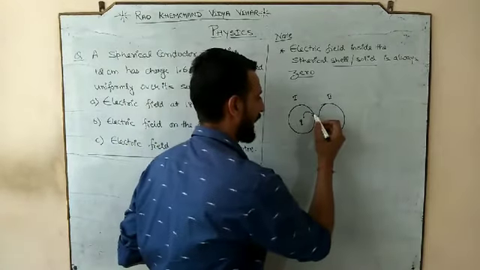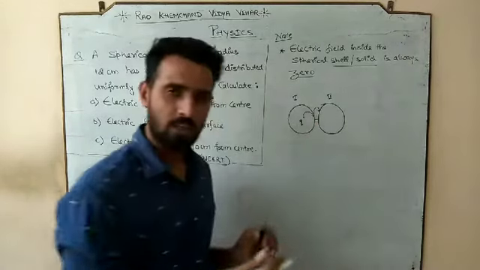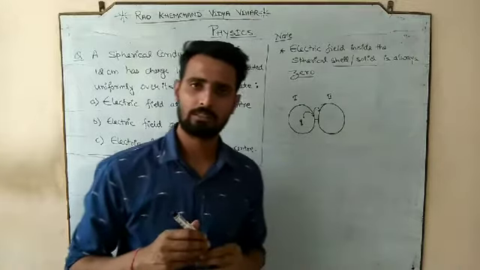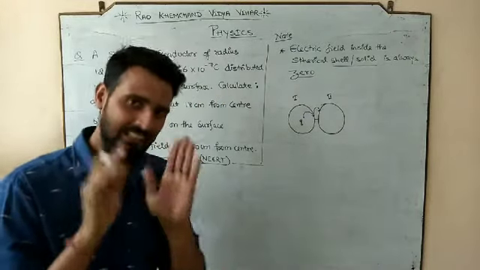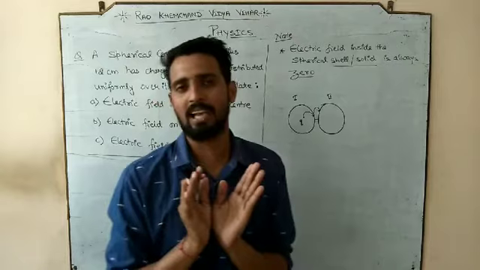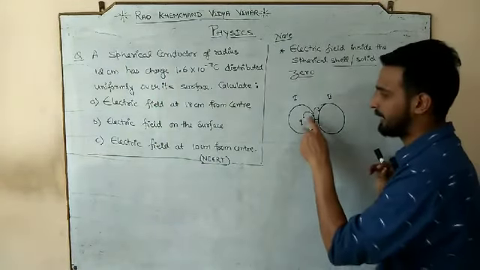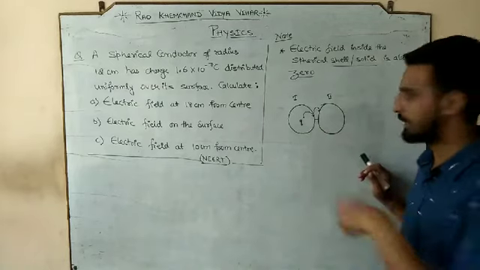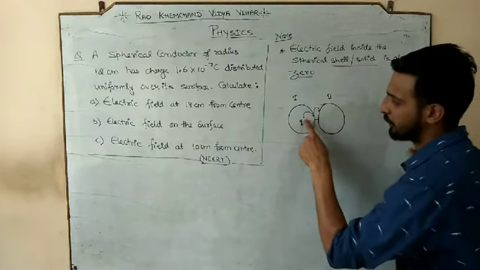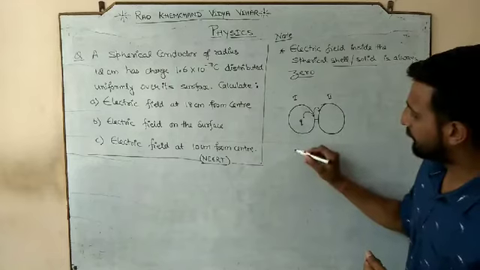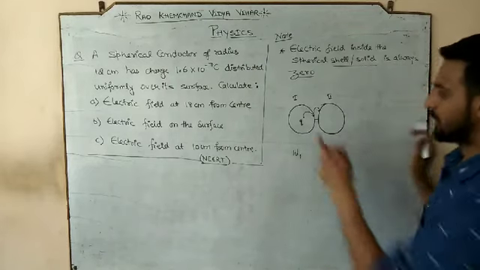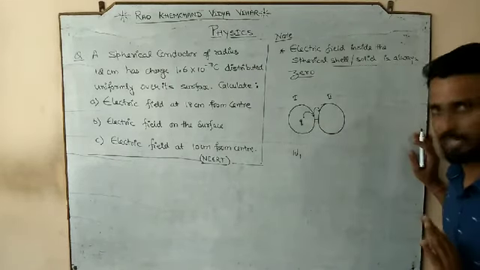Then this charge has to do the work to transfer to the other body. In simple language, if this body has to share charge, then first the body has to do work, from here to here, meaning from inside to the surface. So you have to do one work to bring the charge from inside to the surface.